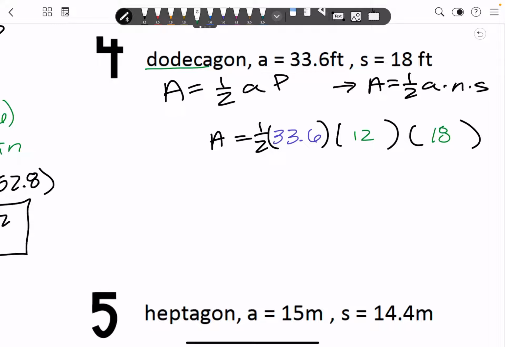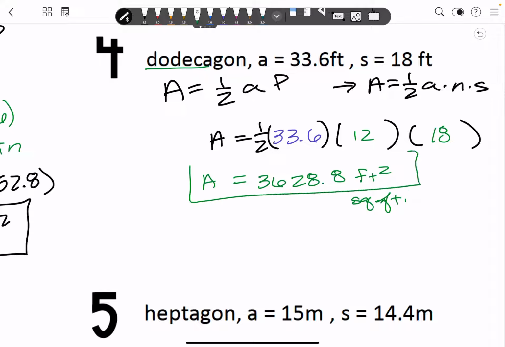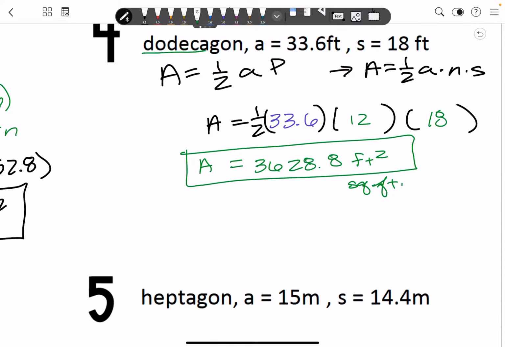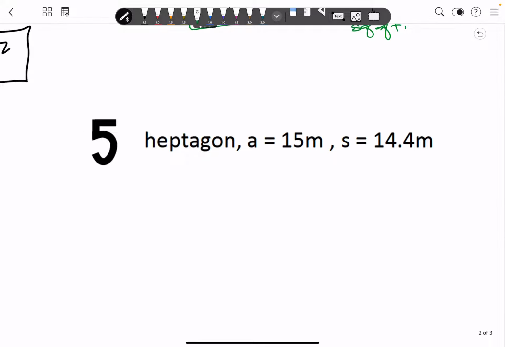And when you type that into your calculator, you should get 3628.8 feet squared, or again, square feet. And it's really just that easy. You're just dropping it into a formula. So I want you guys to do number 5, and I'm going to give you the answer for number 5, and you have to show your work for it.